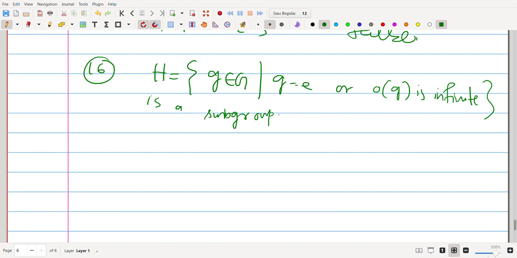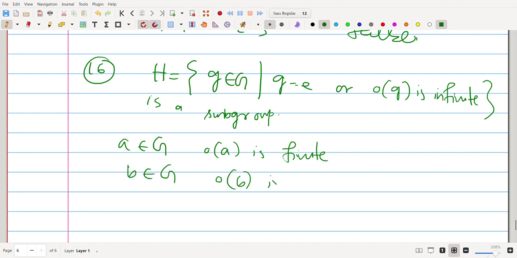Then all elements of G minus identity have infinite order, or all elements of G have finite order. So if all elements of G have finite order, then we are done. But if it happens that you choose an element A belonging to G such that order of A is finite, and choose an element B belonging to G such that order of B is infinite, right? Then show that, this is an easy exercise, show that order of AB is also infinite.